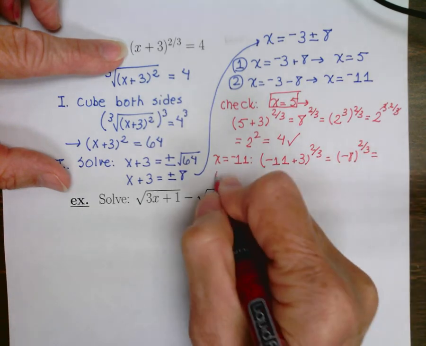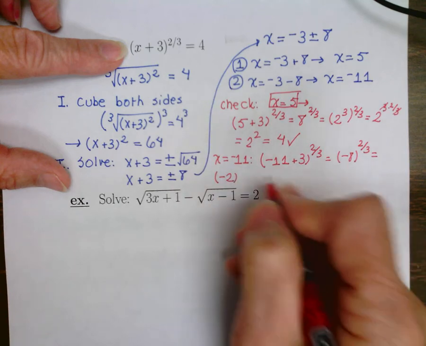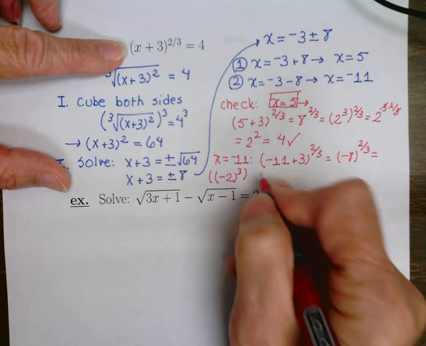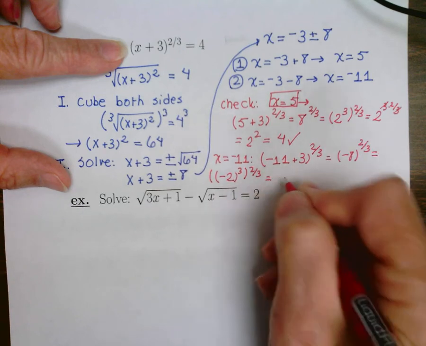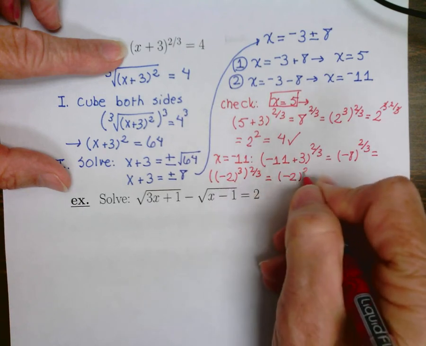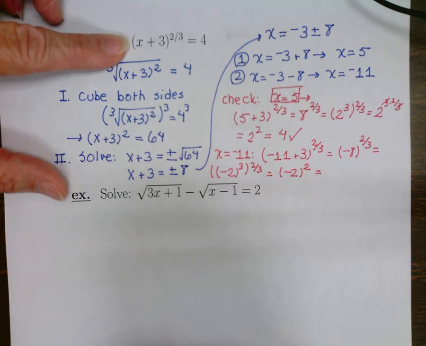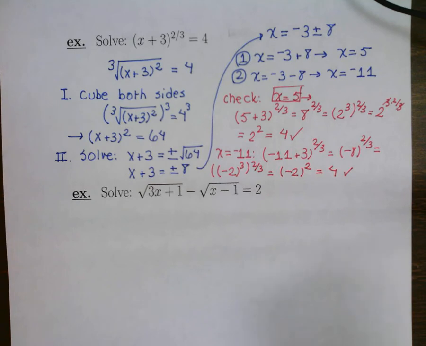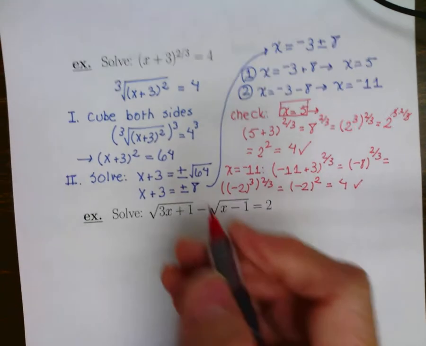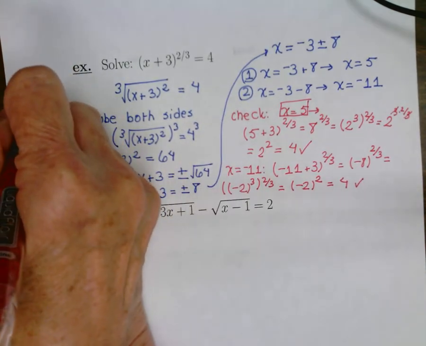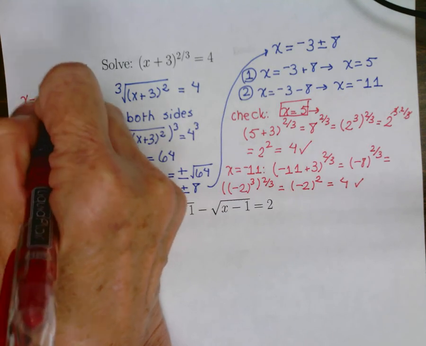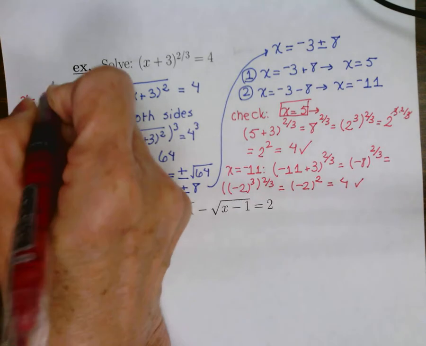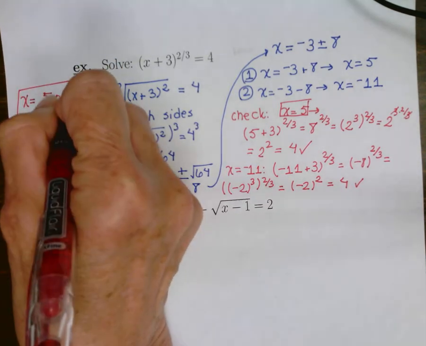And that is negative 2 to the 3rd power to the 2/3, which is negative 2 squared, multiplying those exponents, which is also 4. So in this case, we have two solutions that both work. So x equals 5 or x equals negative 11, and both are legitimate solutions.